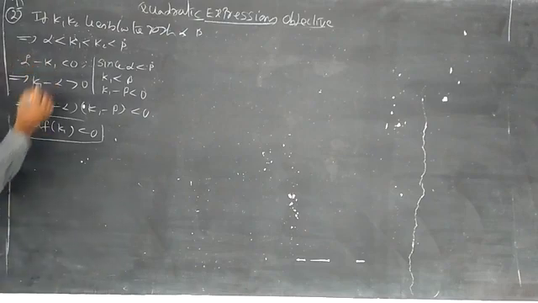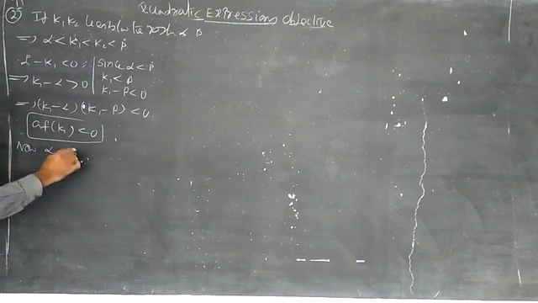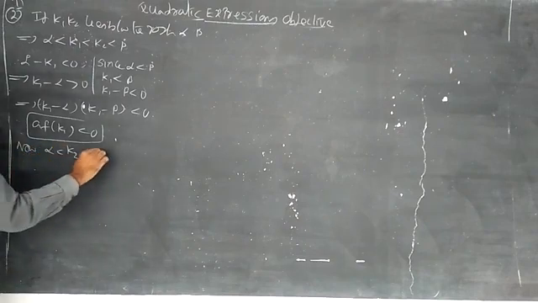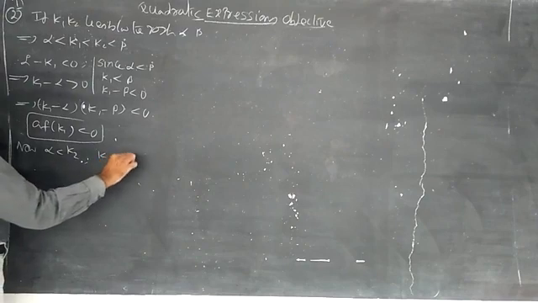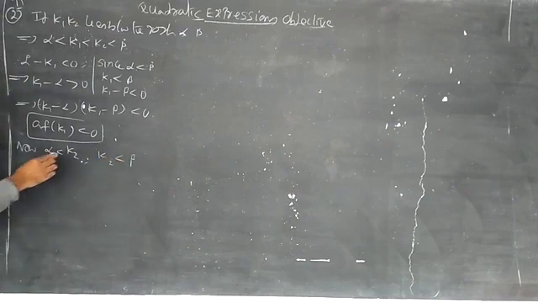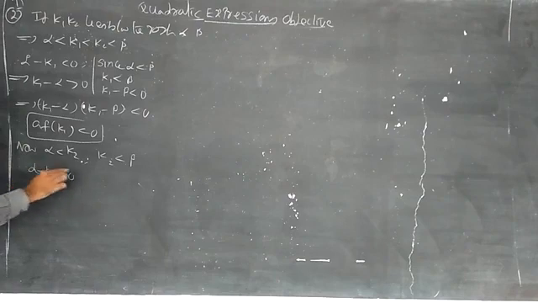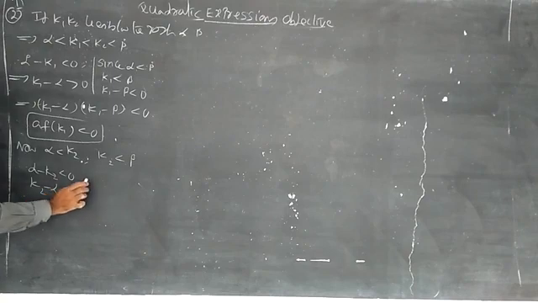Next, for k2 you write alpha less than k2 and k2 less than beta. Same way, alpha minus k2 less than 0, so k2 minus alpha greater than 0.